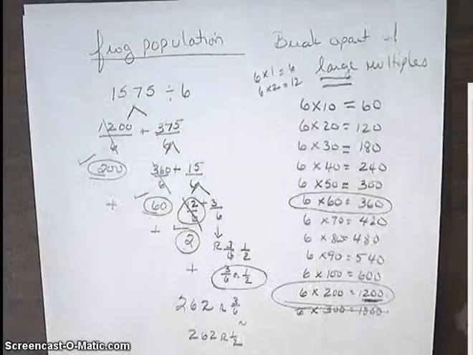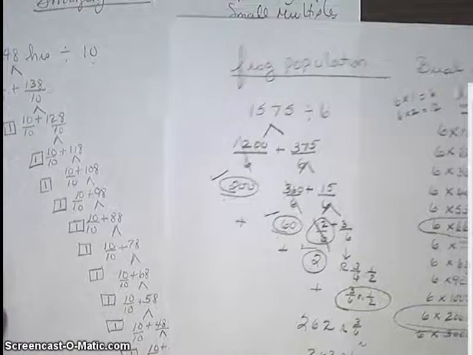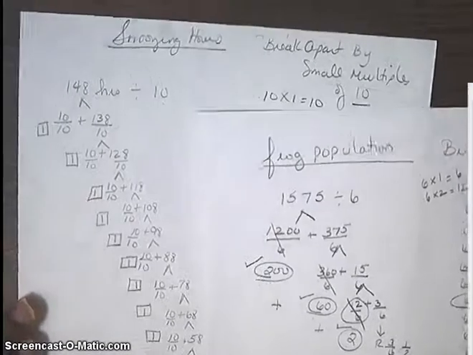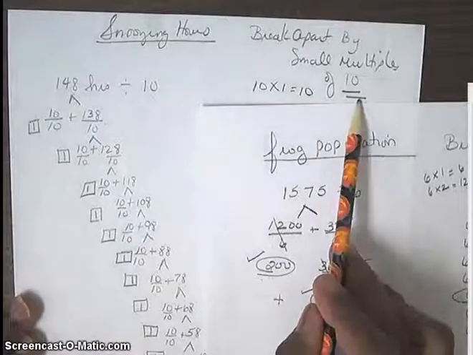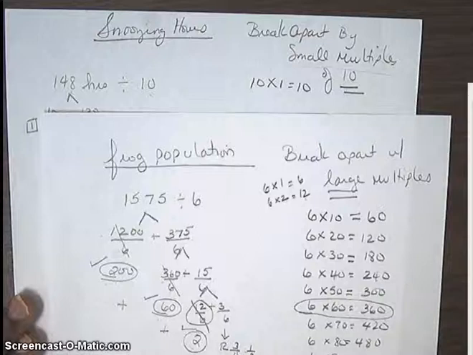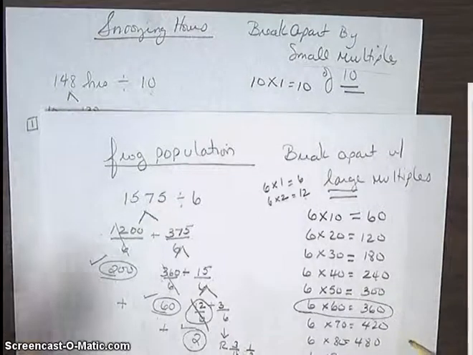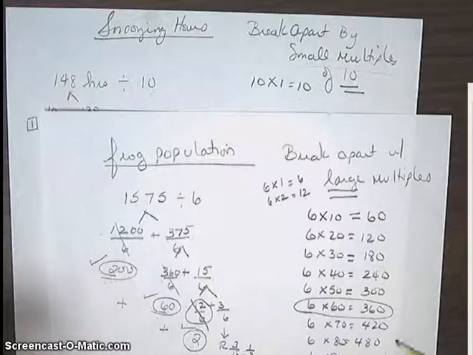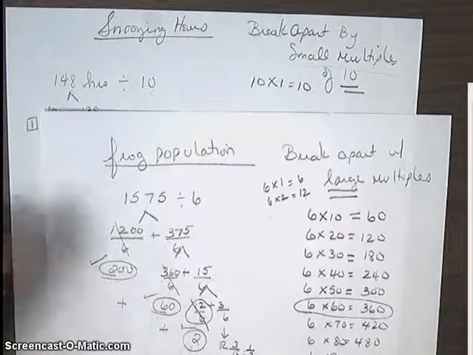Now that you've seen both of these techniques, using small multiples of 10 versus using larger multiples of 10, I want you to decide which one works best for you. Definitely look back over this video, rewind it, pause it, look at the screen, break it apart in your mind as well as on your paper to figure out which one you like best.